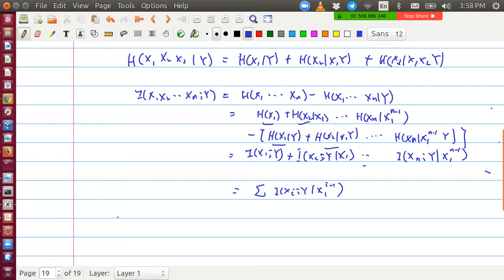For example, I can consider I(X1 to Xn; Y given Z) here. Then I can do more or less the same thing.